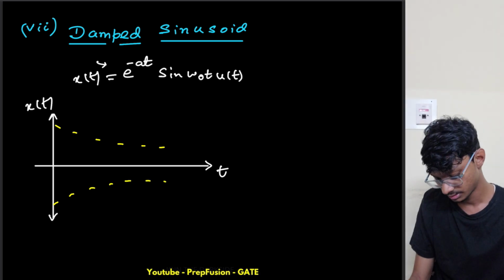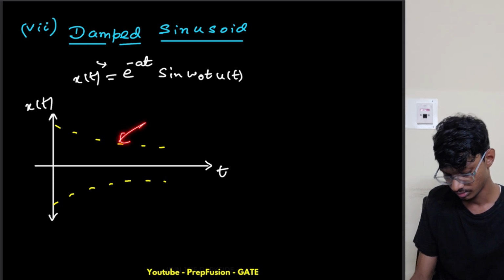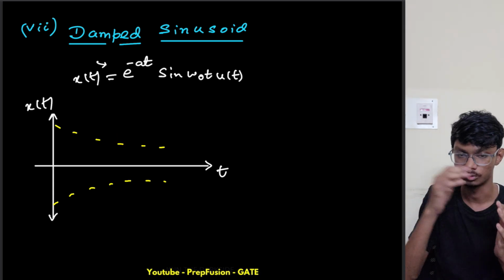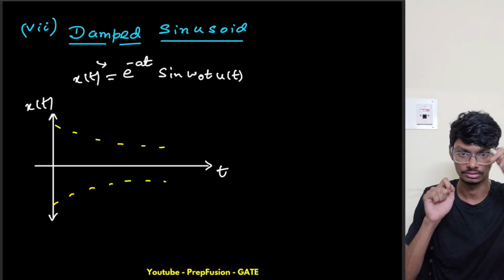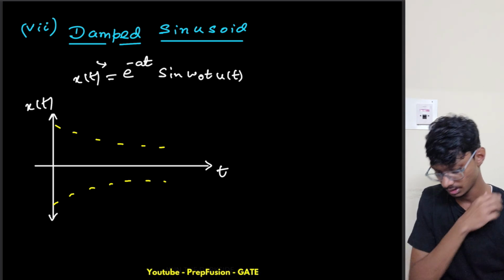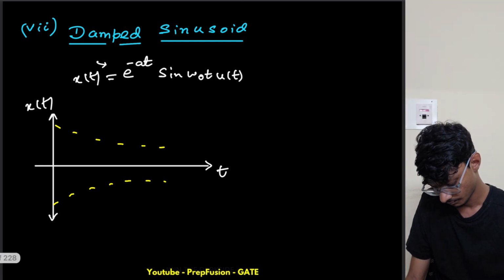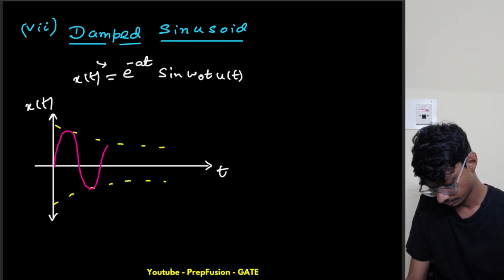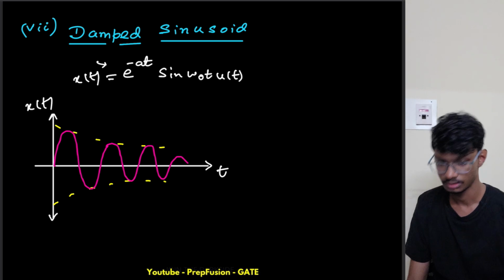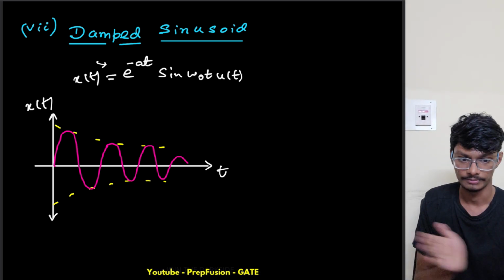What is this? This is basically e raised to power minus at, in both positive and negative, because the sine is oscillating between positive and negative, that's why, okay? So this will look something like this, okay? So yeah, this will be the damped sinusoid.